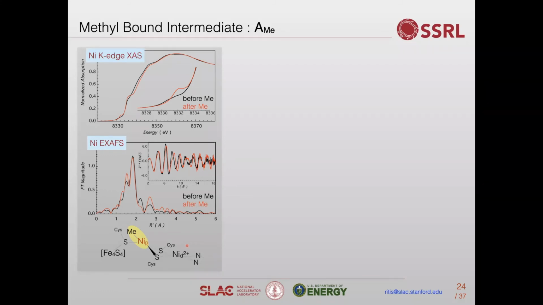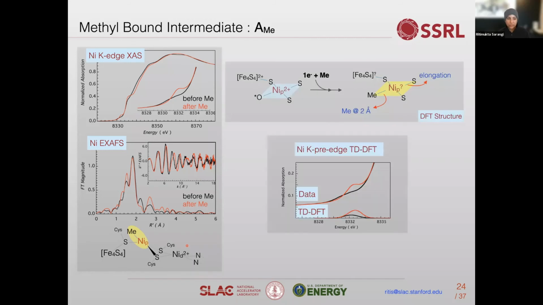And this shift, so how do you interpret before and after? Because I don't know details of your mechanism, so what is your interpretation of that spectral change? Because you have a shift and you also have a pre-edge change. Right, so let's look at this. This pre-edge change, which is a shift up in energy and increase in intensity, is because you now have a strong nickel-methyl bond at 2 angstroms, which replaces a water molecule, which is a weak ligand.